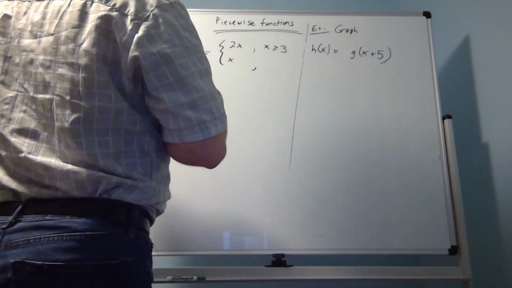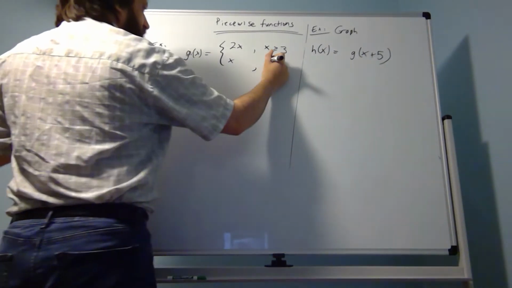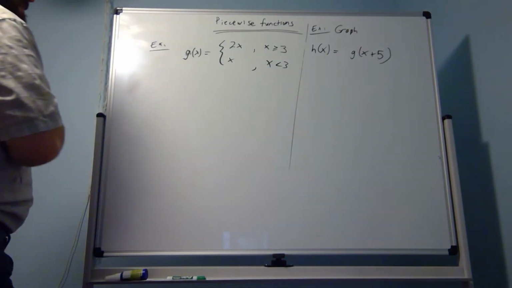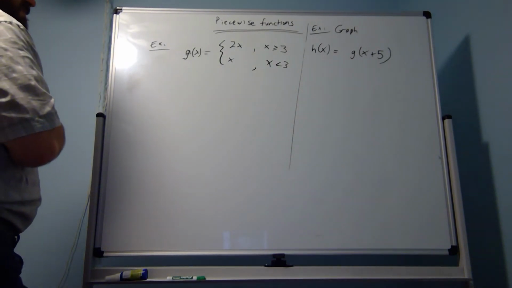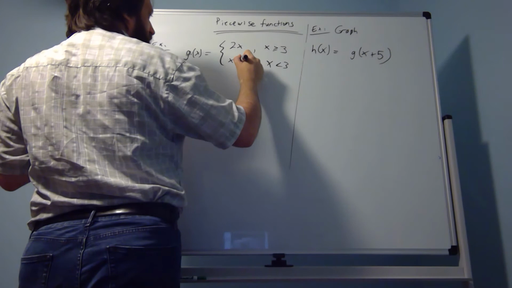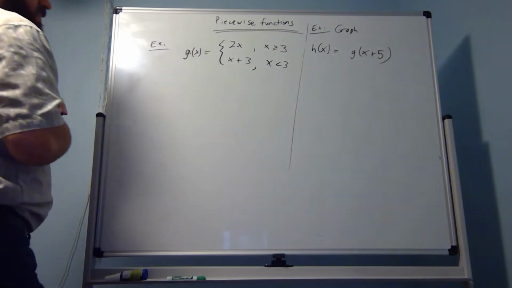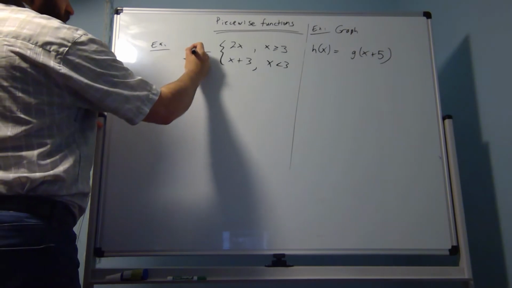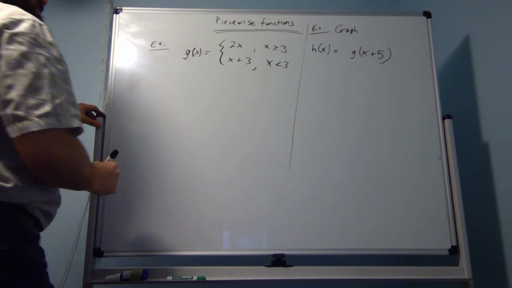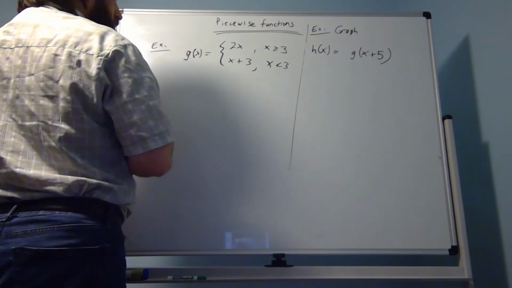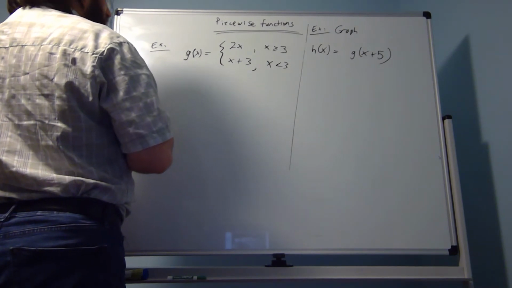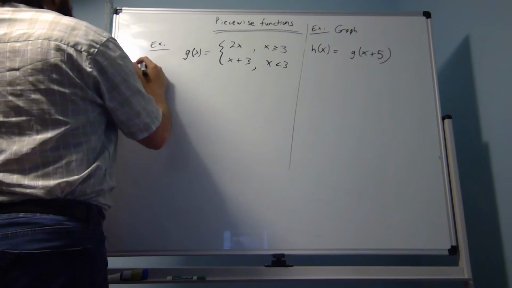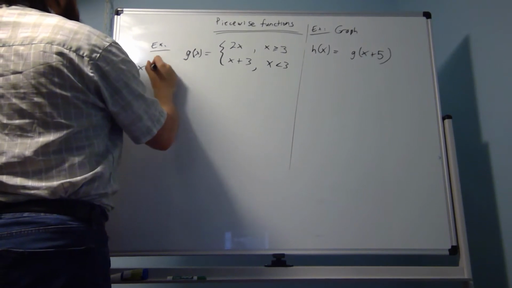Let's see, what do I want to do with this for the other one? So when x is less than 3, let's make it x plus 3. Okay, so this one should be kind of interesting. So let's do it. x, y.